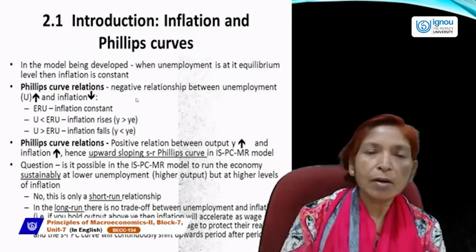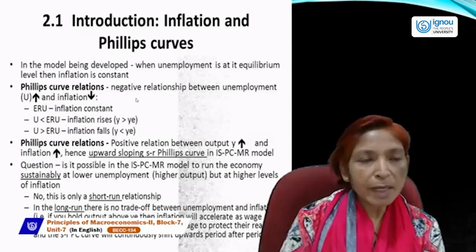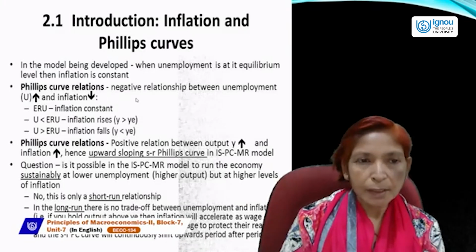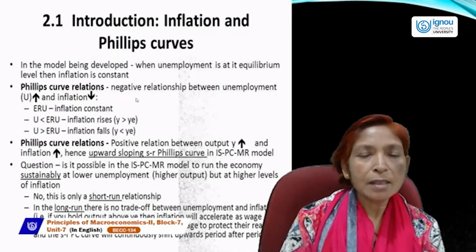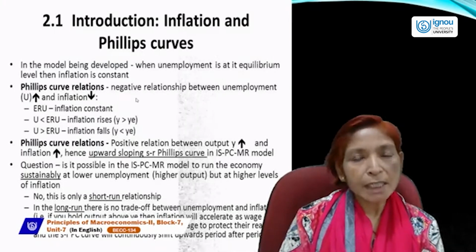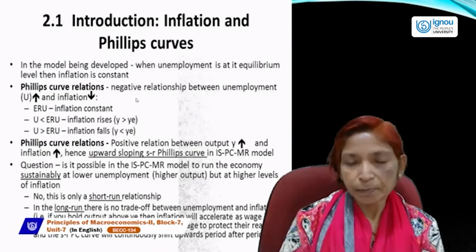It means, according to Phillips, there is a trade-off. Trade-off means inverse relationship. There is an inverse relationship between inflation and unemployment, which exists only in the short run, not in the long run.